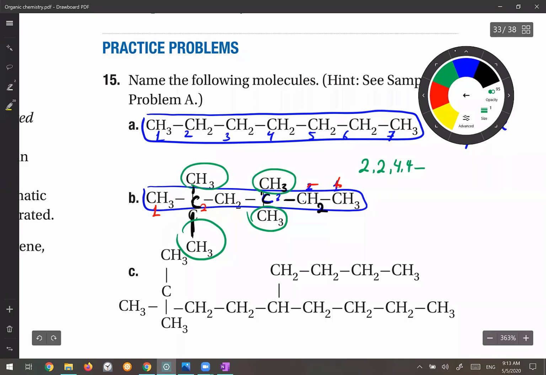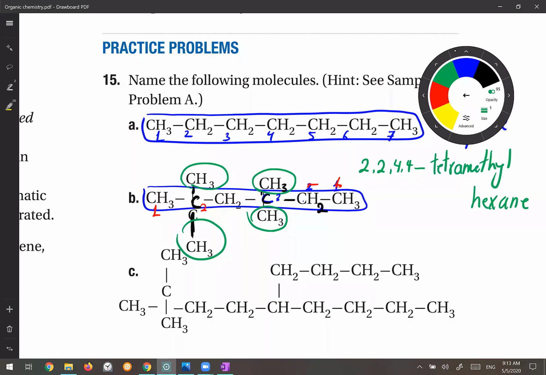And all of them are methyl, so I have 4 methyls, tetramethyl, and the parent has 6 carbons, so it's tetramethylhexane. So the name of this alkane is 2,2,4,4-tetramethylhexane.